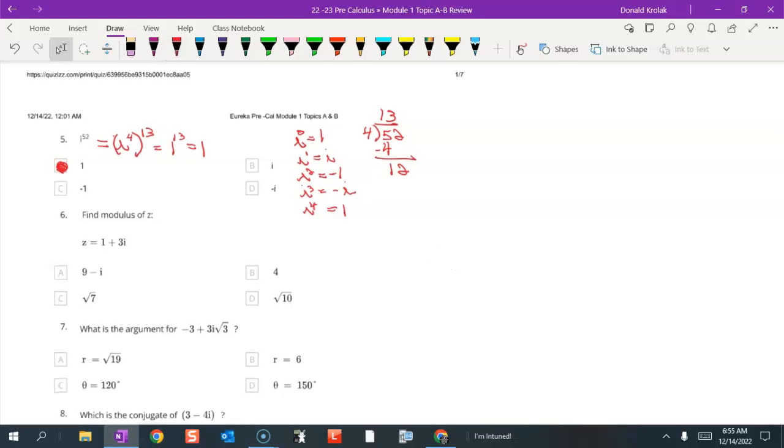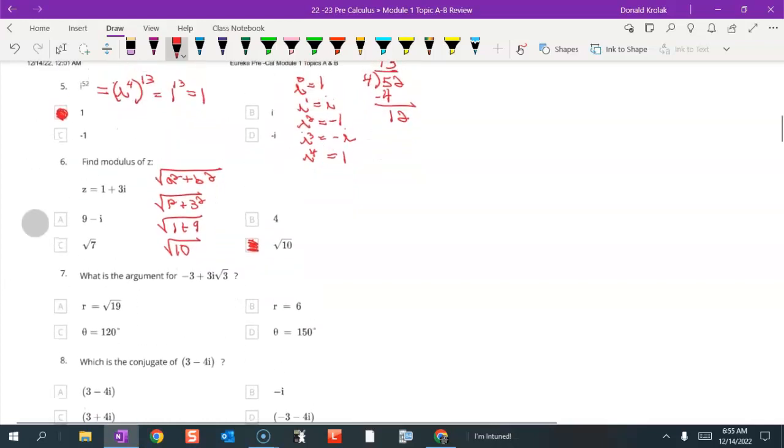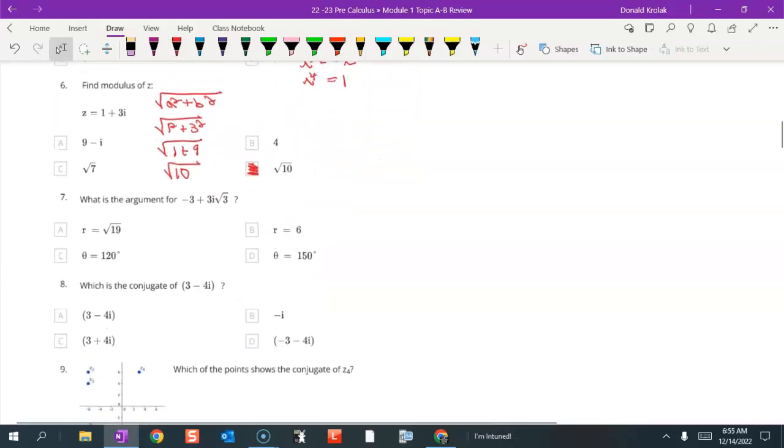Okay, find the modulus of z. So that's the square root of a squared plus b squared. So that's 1 squared plus 3 squared, 1 plus 9, the square root of 10. Okay, what's the argument? Our argument is arctan of b over a.